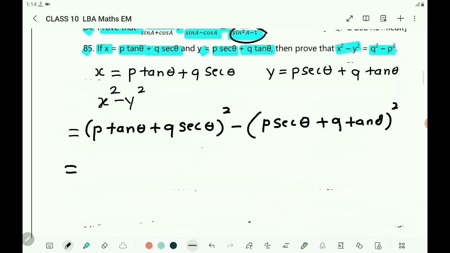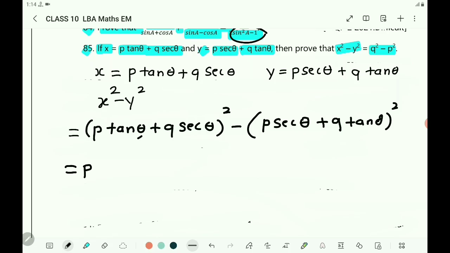Expand both by using the identity a plus b the whole square. P tan theta is a and q secant theta is b. That is a plus b the whole square is a square plus 2ab plus b square.